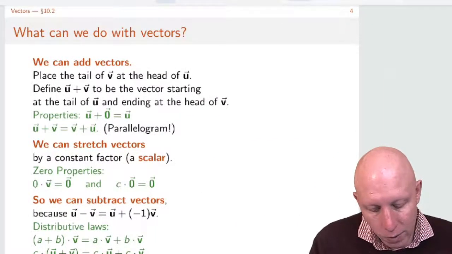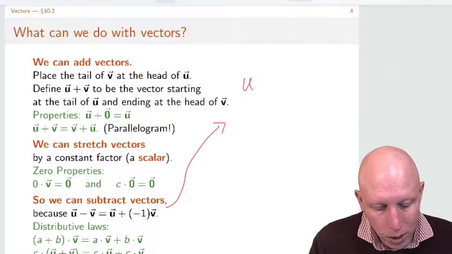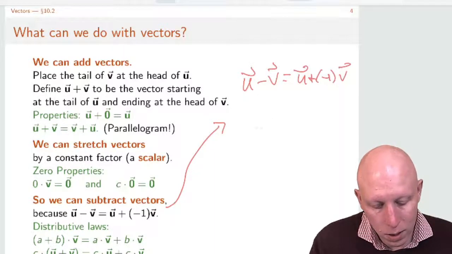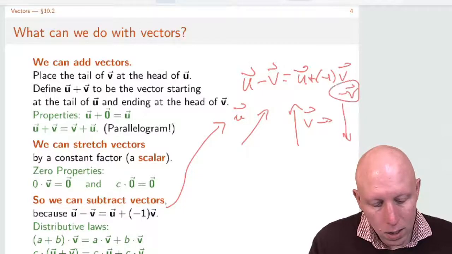So if you want, that means you can subtract vectors, right? u minus v is equal to u plus negative 1 times v. So if v is like this, then that means that negative v looks like that.